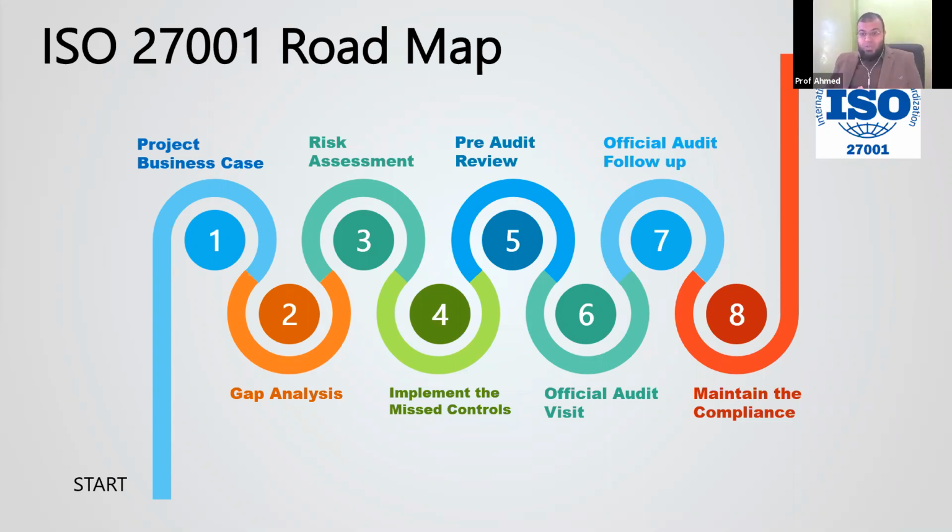to be able to achieve this compliance. And remember, ISO 27001 will not allow you to get the certificate until you are compliant with the applicable laws and the applicable industry standards that you are in.